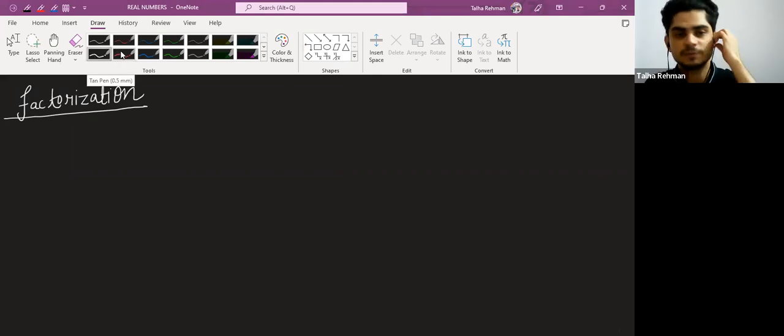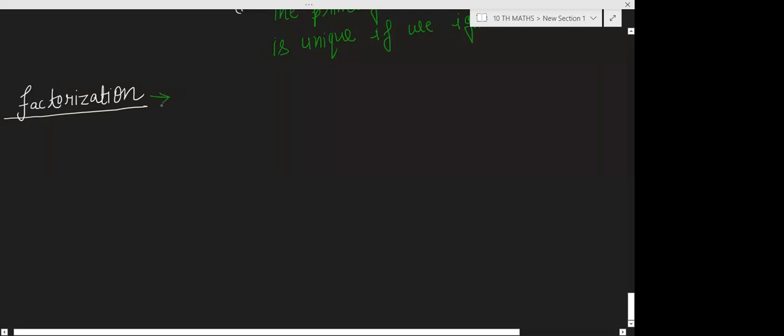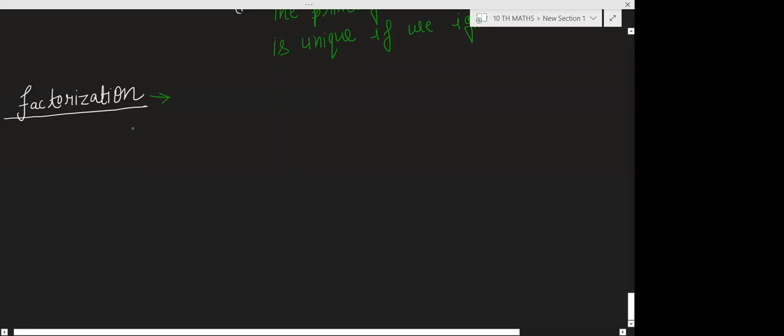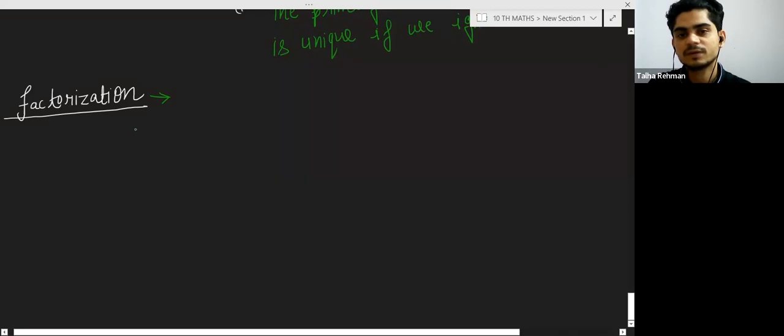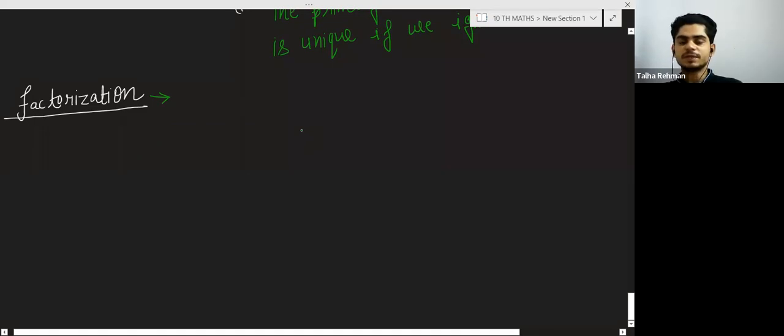Factorization of a number. And Azaan, I have told you what a factor is. A factor of a number is a number which divides the number completely.